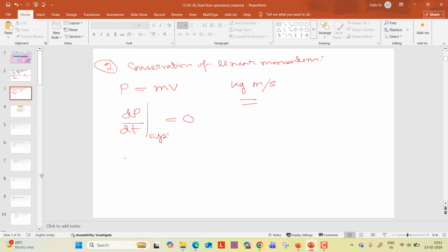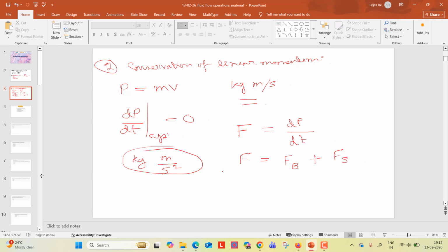Rate of change of momentum means, from the unit, kg meter per second square is coming, and we all know that kg meter per second square is a unit of force, right? So F is equivalent to rate of change of momentum, and what is this force? This includes all types of force, all body forces and all surface forces.